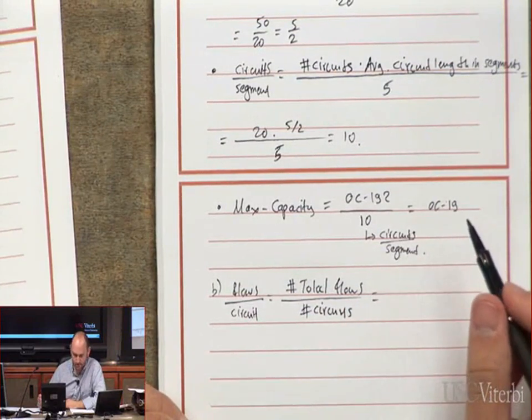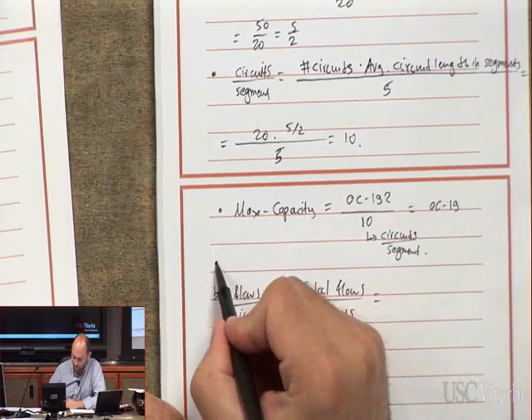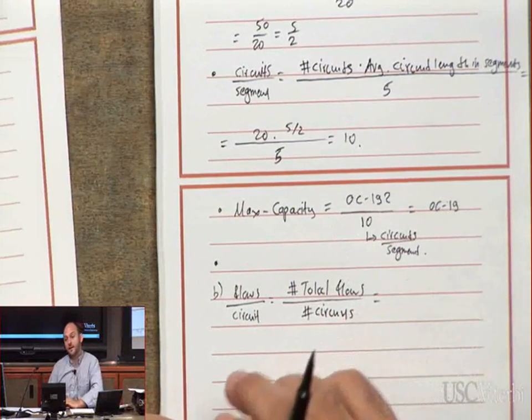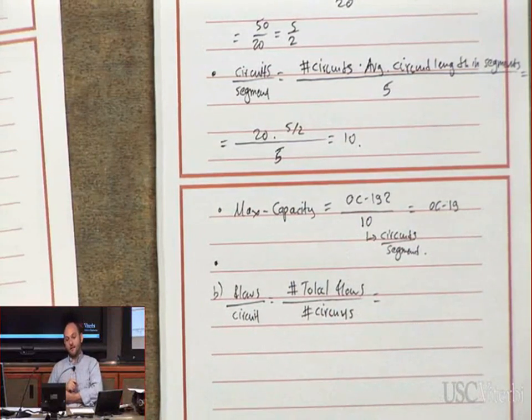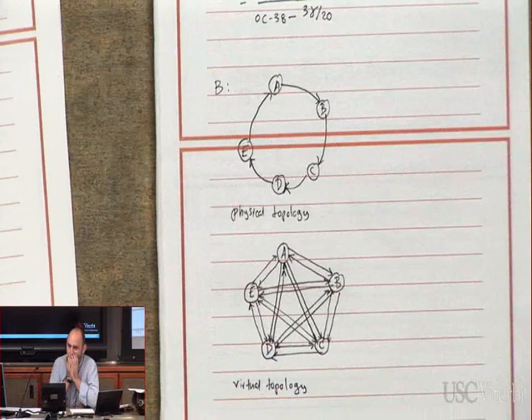oh, no, I forgot something. I forgot to calculate something. What did we calculate earlier? We calculated the average path length. How much is the average path length in this graph? It's 1, right?